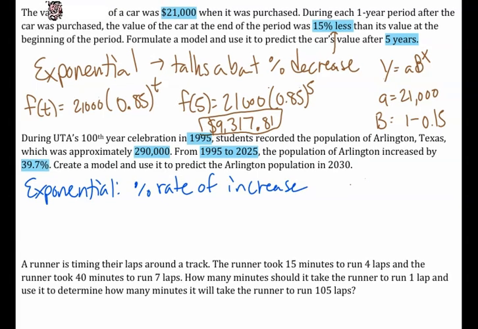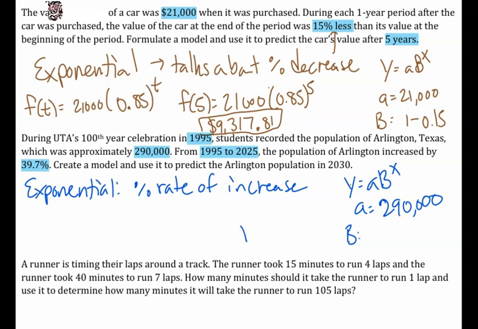To find this rate of increase, first we know that the initial value was 290,000. But to find the rate of increase, we know it's 39.7% for those 30 years.